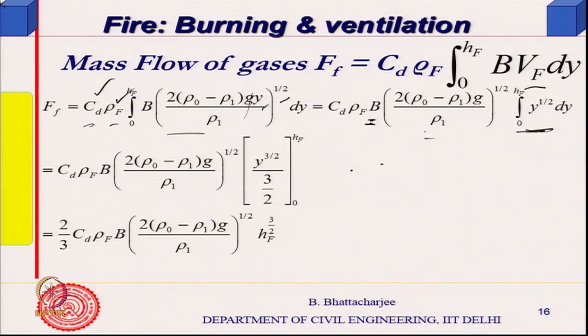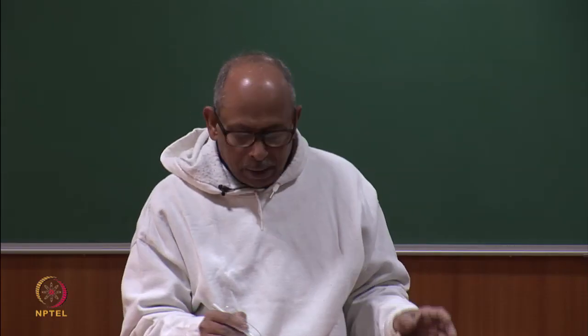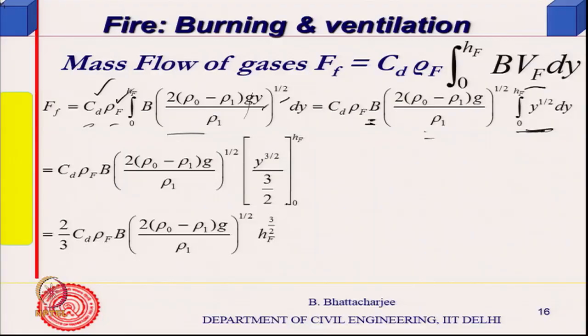Now, if I integrate this, what do I get? You integrate y to the power half, you get y to the power 3 by 2 divided by 3 by 2, which becomes 2 by 3, and if I put in the limits of integration, I will get Hf to the power 3 by 2.